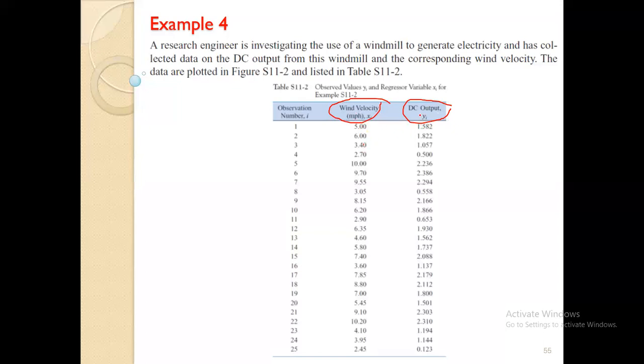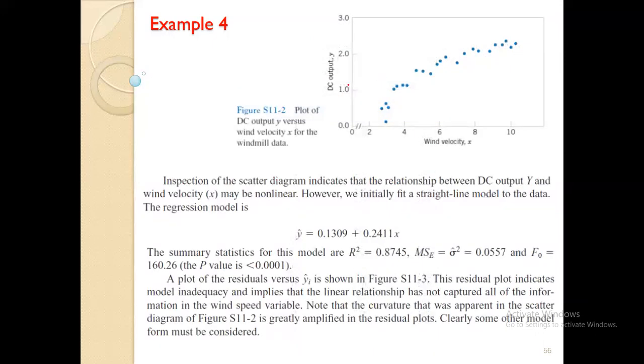We have X and Y. But if you plot DC output against X, it's not linear. If you fit with linear, the R square is very low, about 0.87, and you check the p value for this.